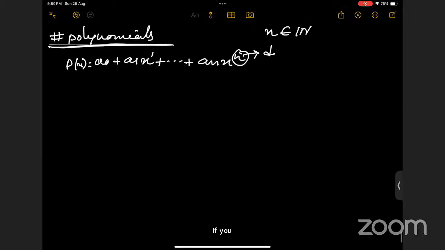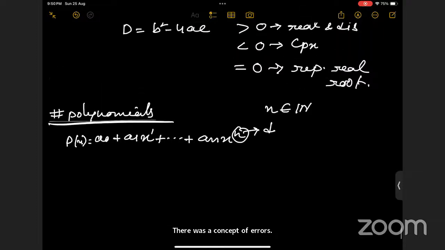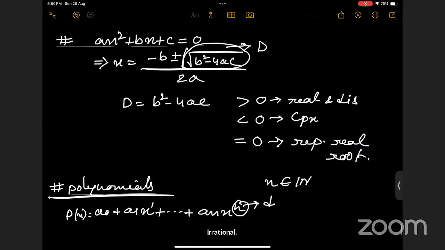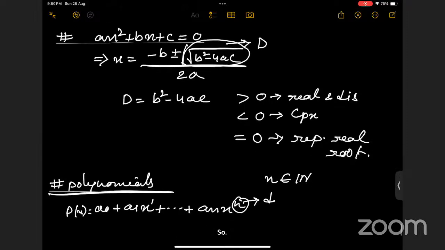Ma'am, there was a concept of irrational roots, and I had a little confusion in that. So, if you could please explain that. Discriminant less than 0: complex roots. If the discriminant is less than 0, then we will get a complex root.